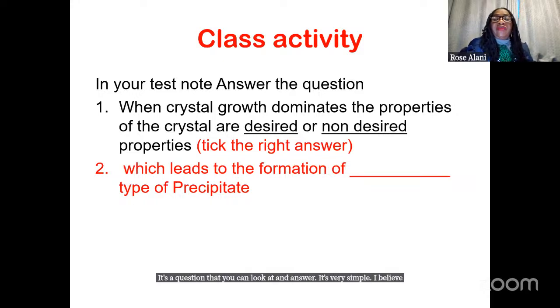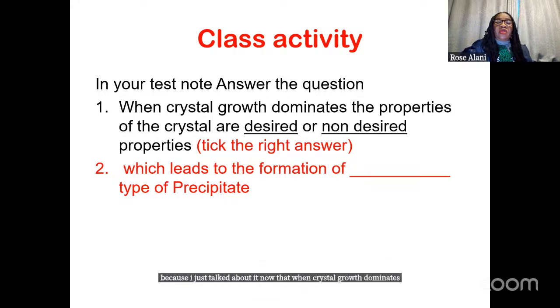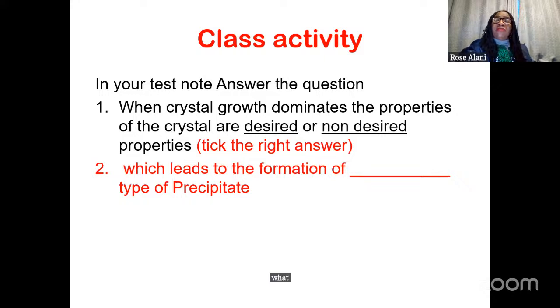I believe you can answer it, because I just talked about it. When crystal growth dominates the crystal formation, you have desired properties, which lead to formation of a crystalline type of precipitate.